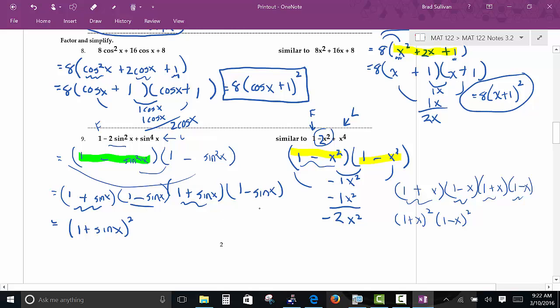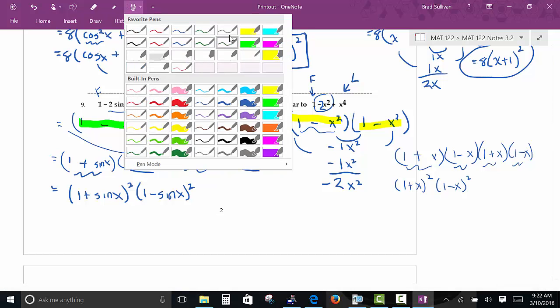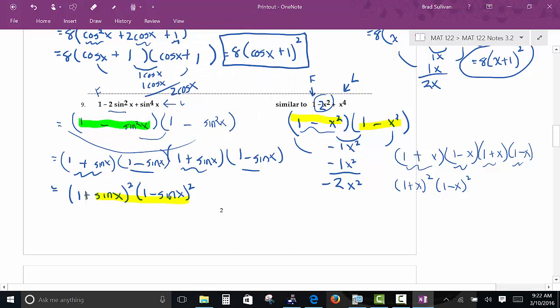We have two of these, so we write that as 1 minus sine x squared, like that. That's as far as I want to take that. There's other approaches. You do have an identity for 1 minus sine squared x. I'm going to show that on there because I want you to look at this to prepare us for other things we're doing. So that's the factored answer right there. That's as far as you can factor that.